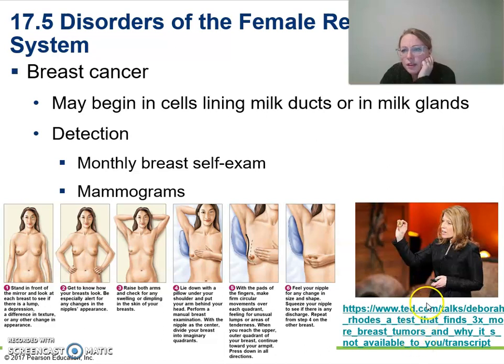I think I probably will, but if not, watch it, especially if you want to go into radiography or something, where she does this digital mammography where breast tissue, especially when you're younger, is very dense and it's hard to see anything in there. You have to be a real expert and you can still miss things. Her way is much more straightforward. She doesn't make any money off of it, and it's really interesting.